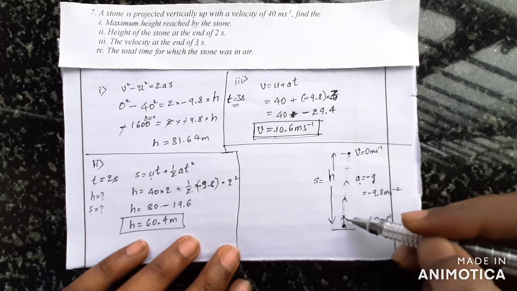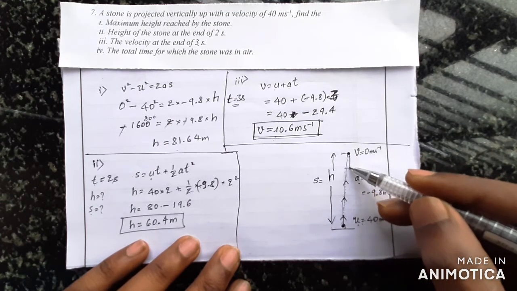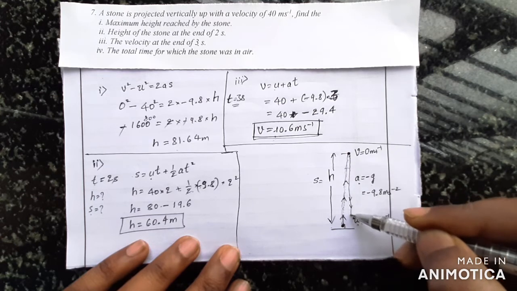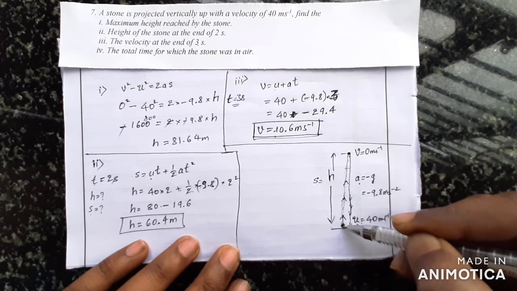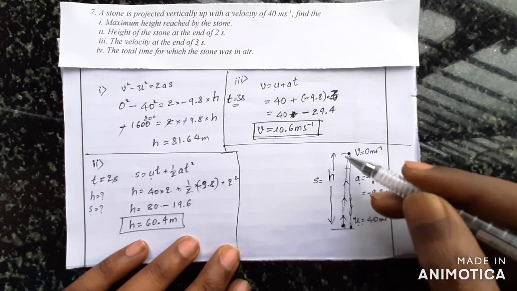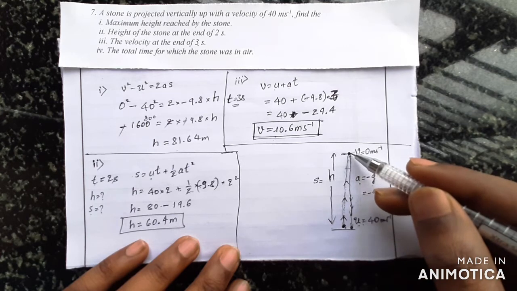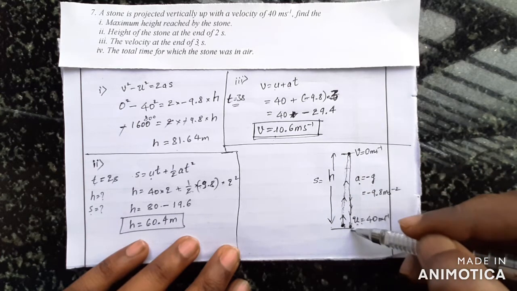And this entire motion of moving upwards and again falling downwards can be divided into two parts. In the first part, we can take it from the bottom to the top, and the second part shall be taken as from the top to the bottom.